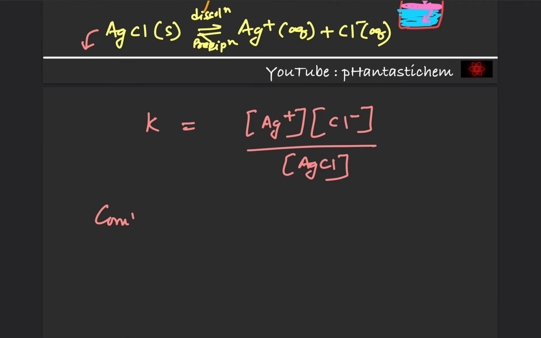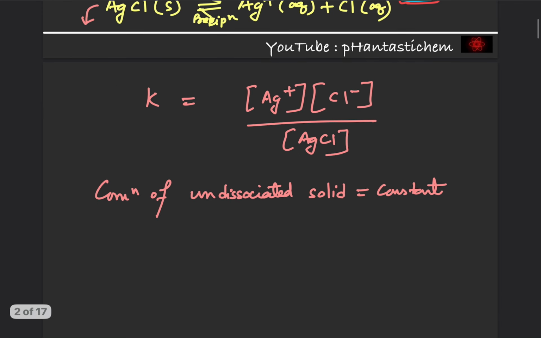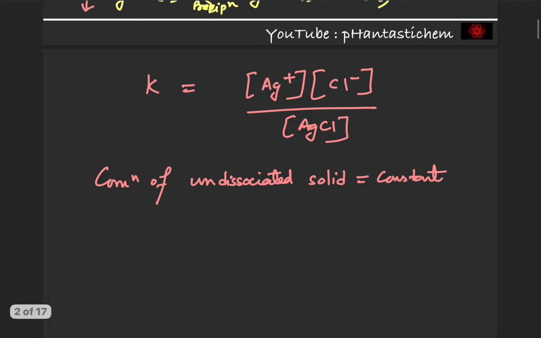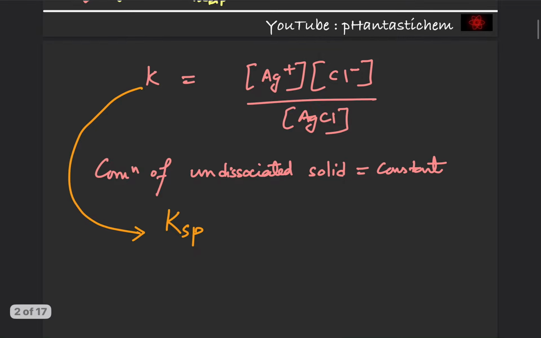So we can write concentration of undissociated solid is equal to constant. So therefore, we can write Ksp. This K then becomes Ksp, which is our solubility product. So that is equal to the concentration of Ag plus ions in the solution into the concentration of Cl minus ions in the solution. So that's the meaning of solubility product.